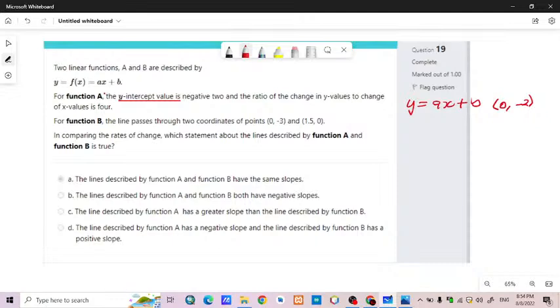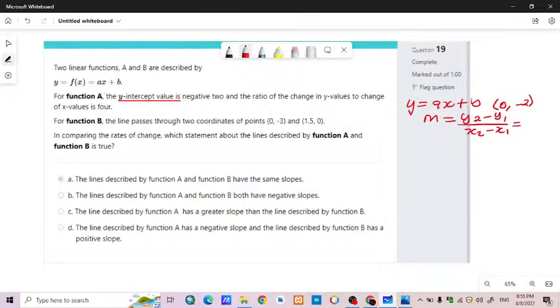And they also tell us that the ratio of the change in y values to the change in x values is 4. That means our gradient or slope, which is given by change in y divided by x2 minus x1, this is your change in x.